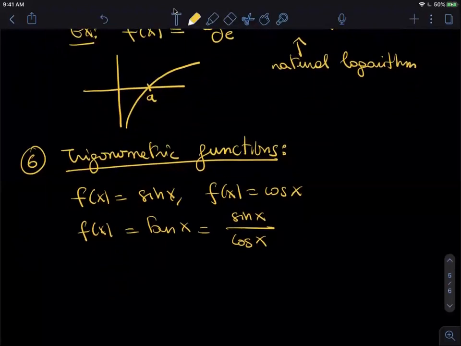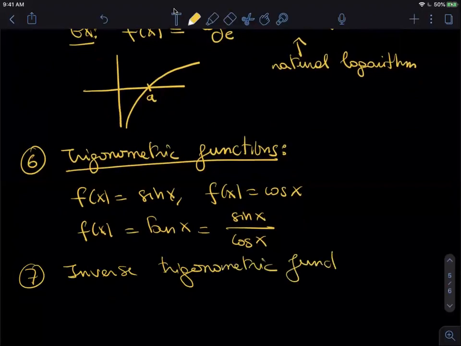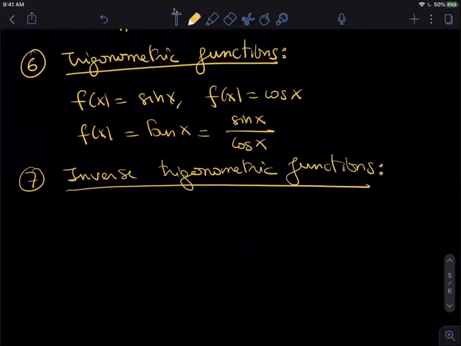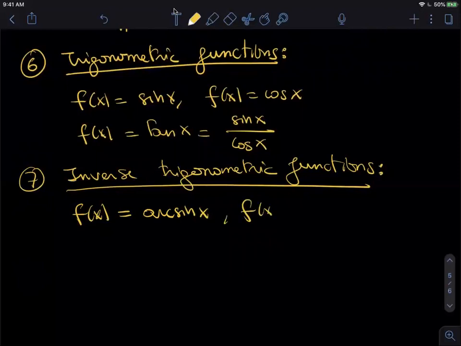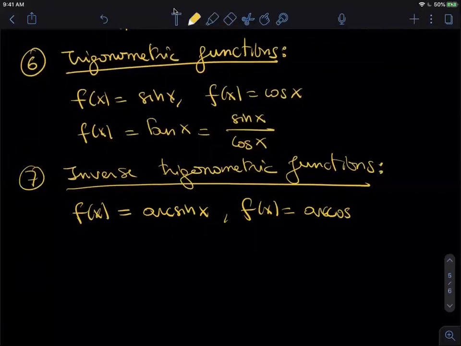And then we have the inverse trigonometric functions, which are the arcsine, arccosine, and the arctangent. We will go over each of these in detail in later videos.